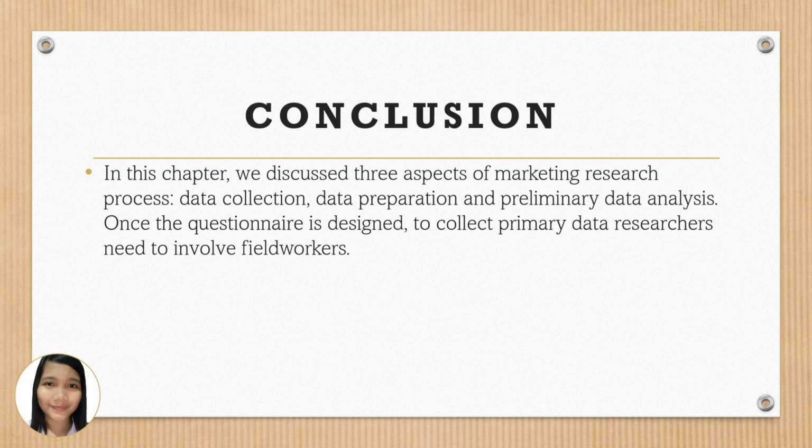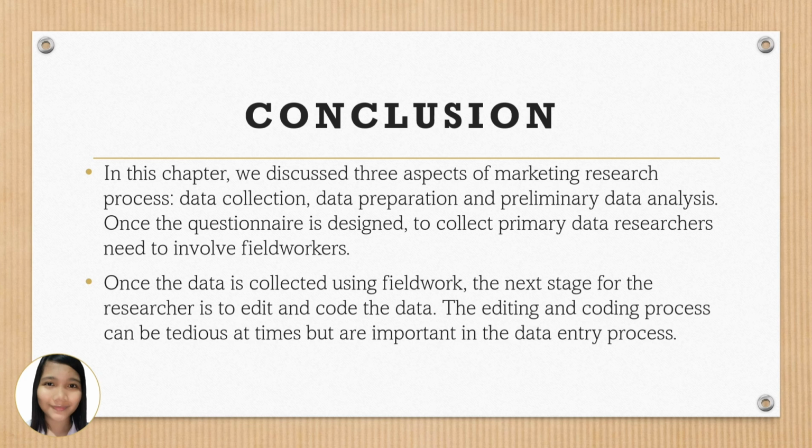Once the questionnaire is designed to collect primary data, researchers need to involve field workers. Number 2, once the data is collected using fieldwork, the next stage for the researcher is to edit and code the data. The editing and coding process can be tedious at times, but is important in the data entry process.